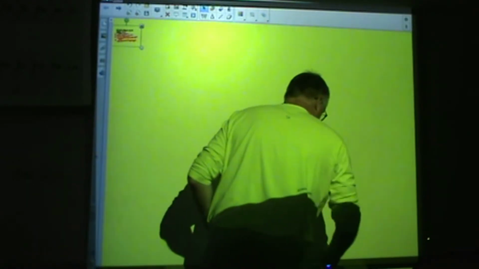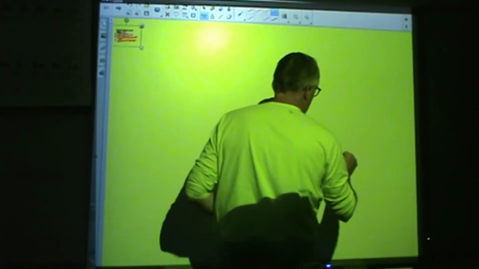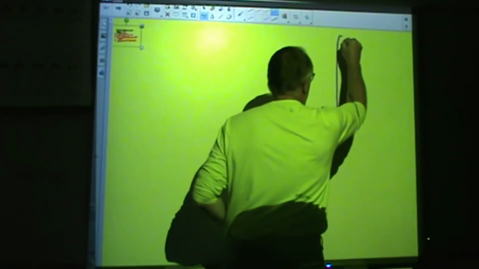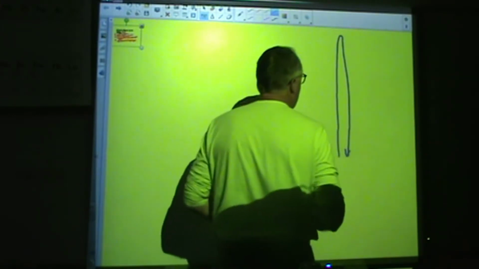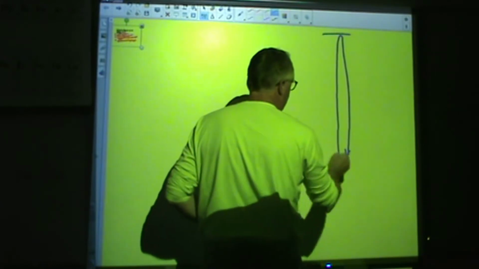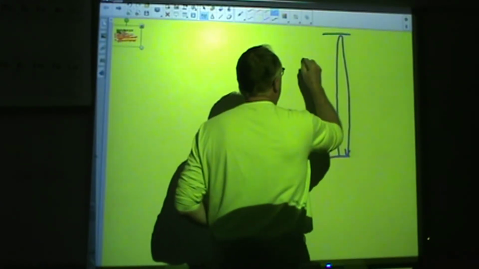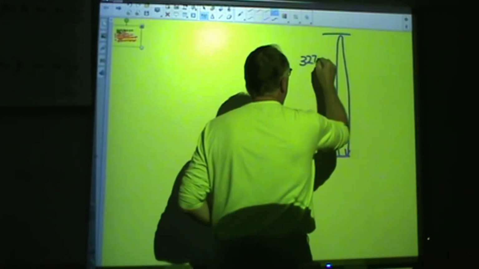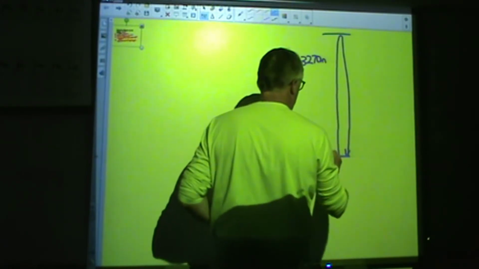Okay, so our picture again is starting from here, going back up and coming back down. And we said that from here to here was 3,270 meters.